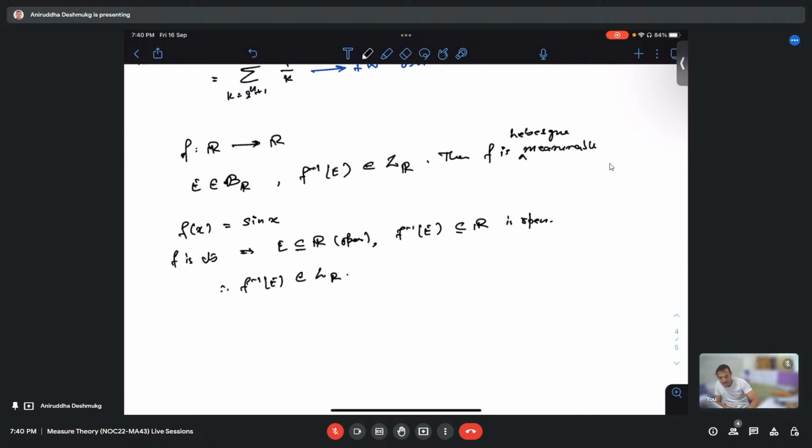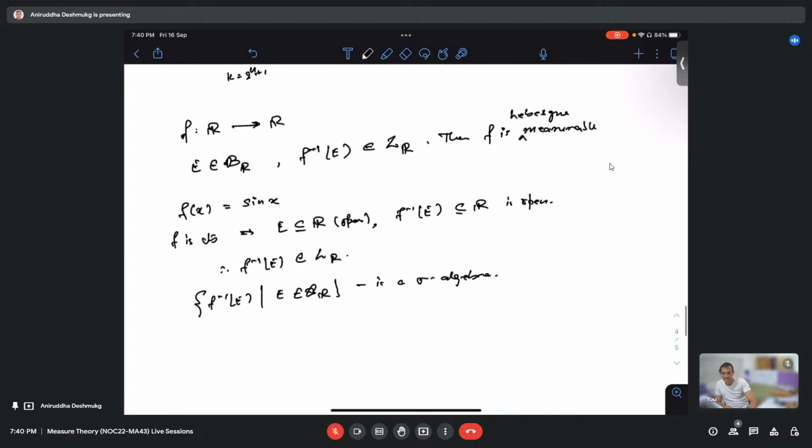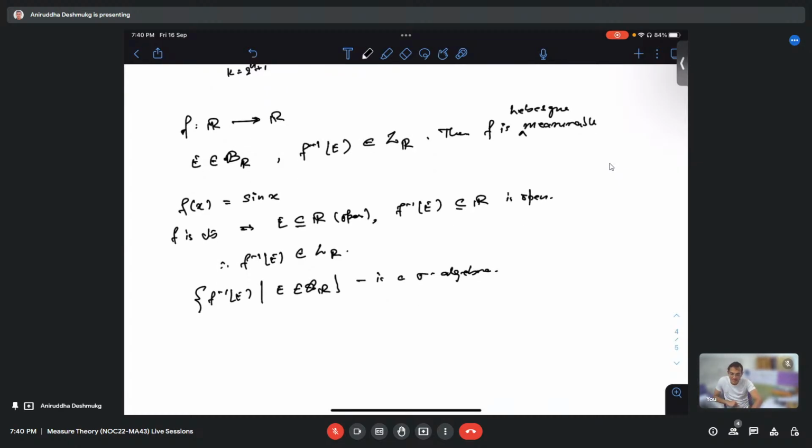But then we have seen that these sets, such that E comes from the Borel sigma algebra, this itself is a sigma algebra. Actually, no, this may not be a sigma algebra. I meant to write the other way.